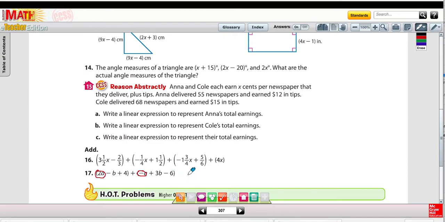What's left? 1a, or just a. We have negative 1b plus 3b, just like saying negative 1 plus 3, and that adds up to be a positive 2b. Finally, we have this 4, and we have a negative 6. 4 minus 6 is negative 2.